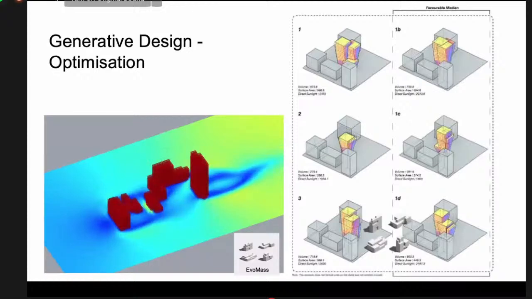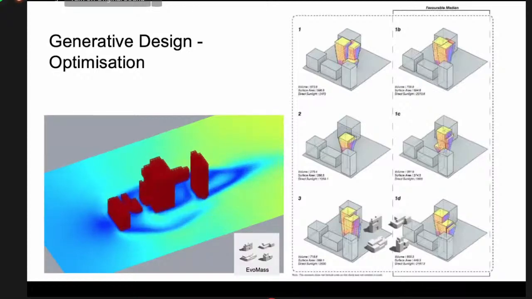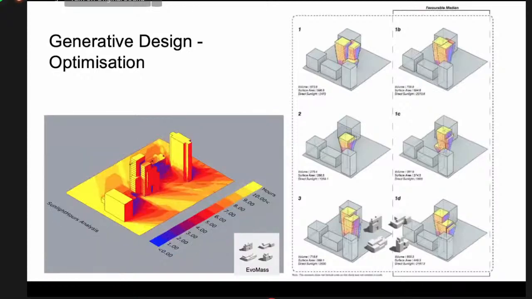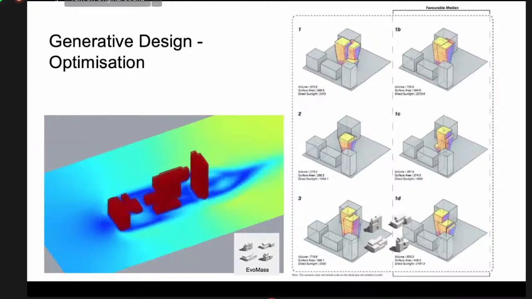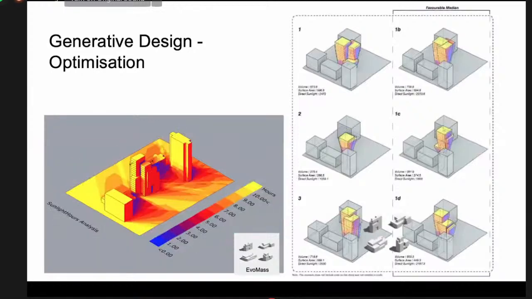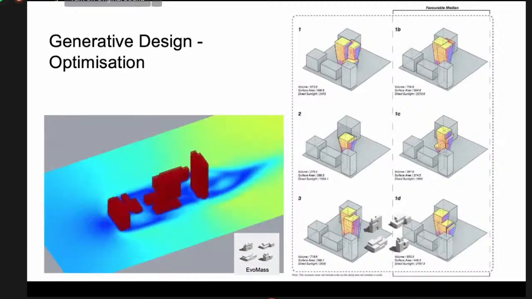The next one, we can also use the generative design. If you have, for example, like the previous sample using 4 or 6 alternatives, but if you want to make it more, having more than one iteration, we can utilize the generative design to optimize any building performance that you want.